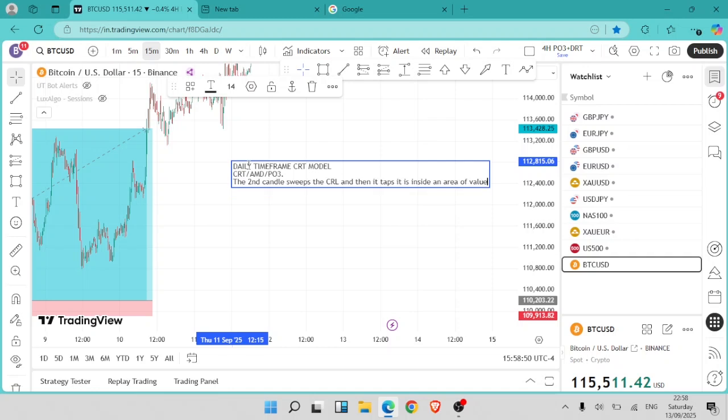In this case, we had an inverted fair value gap, a daily inverted fair value gap.